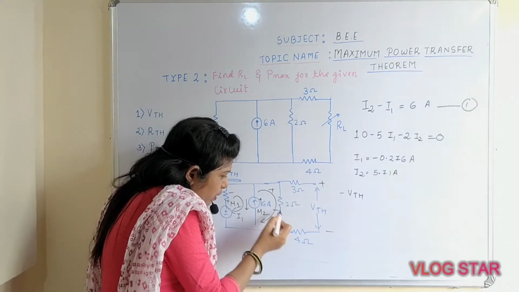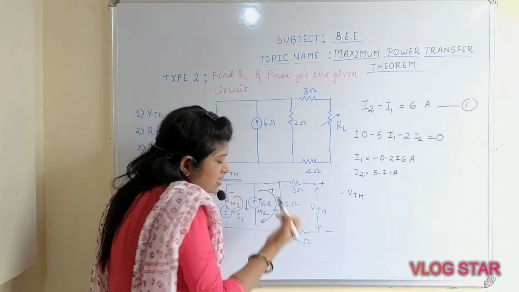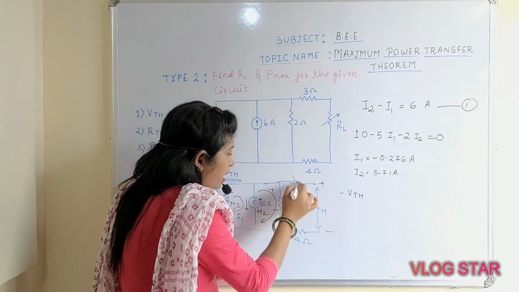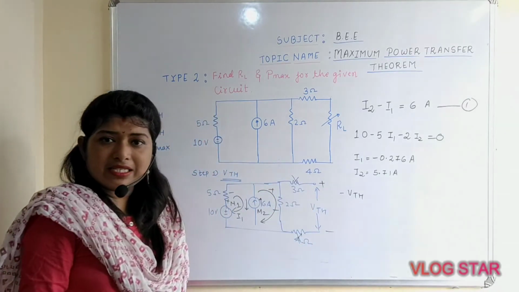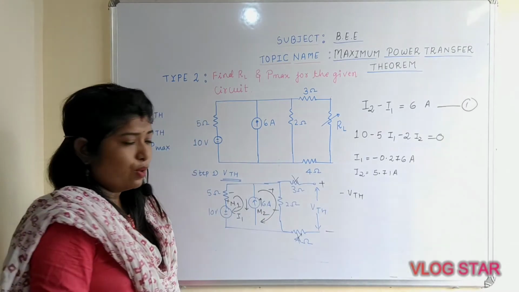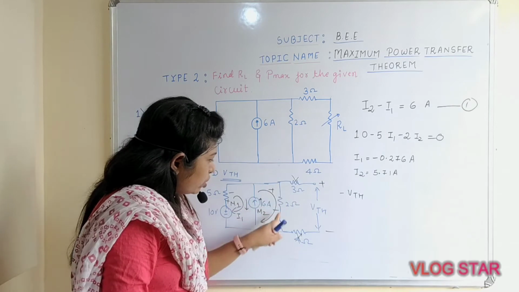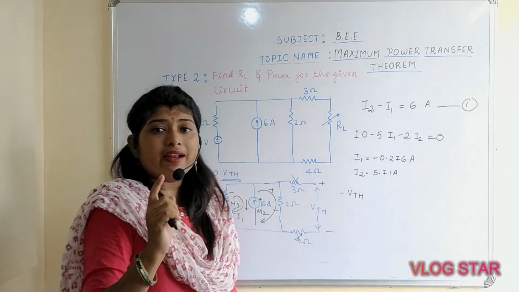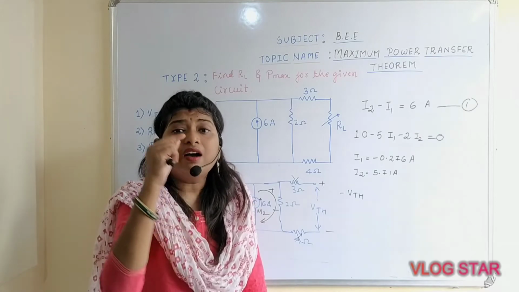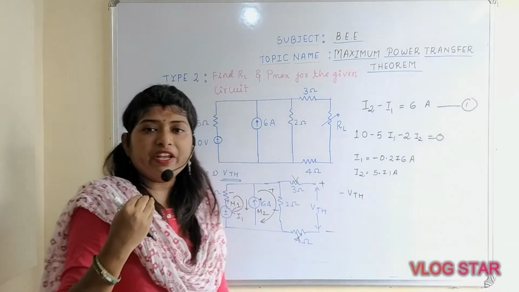Now for this particular resistor, what about the 3 ohm resistor and 4 ohm resistor? Due to this open terminal, the current flowing through the 3 ohm resistor is 0, as well as through the 4 ohm resistor. So what would be the current flowing through the 2 ohm resistor? While writing the equation for VTH, you have to consider the current direction from the previous mesh.